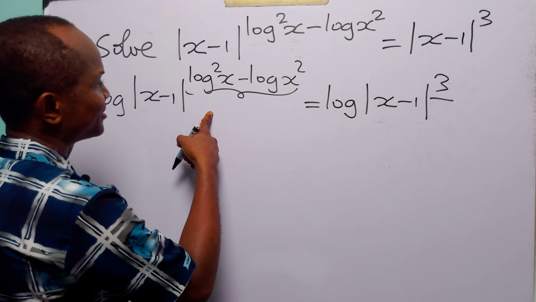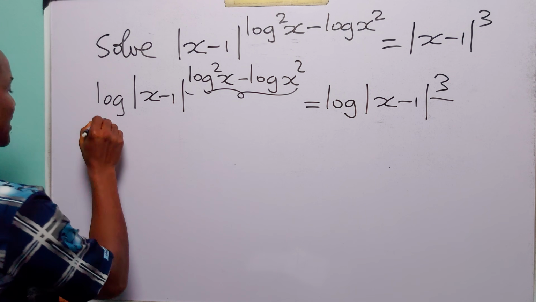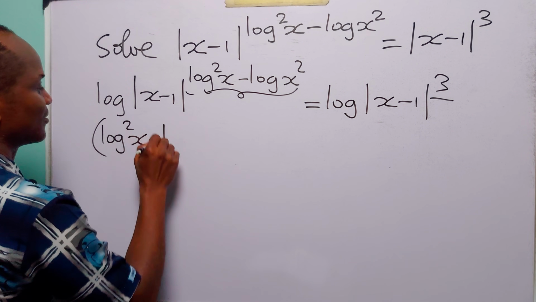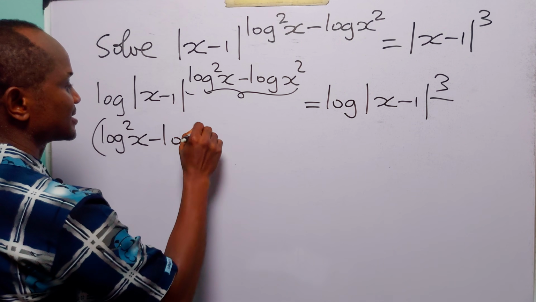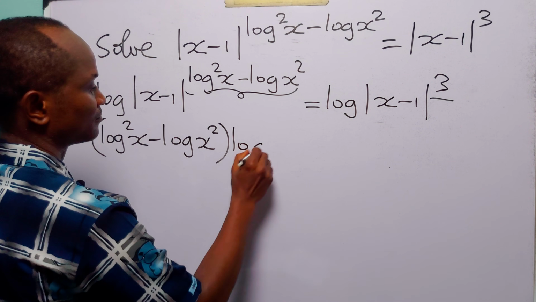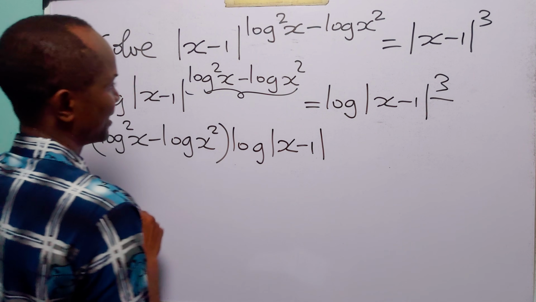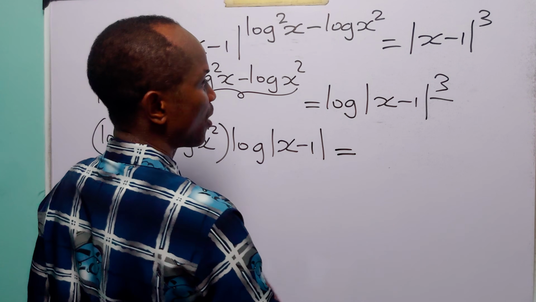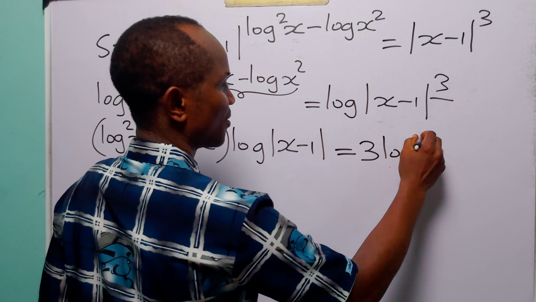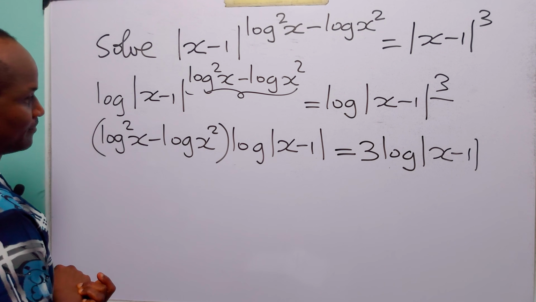When we apply this rule to the left-hand side, we have that this exponent, that is log squared x minus log x squared, multiplied by log absolute value of x minus 1 is equal to 3 times log absolute value of x minus 1.